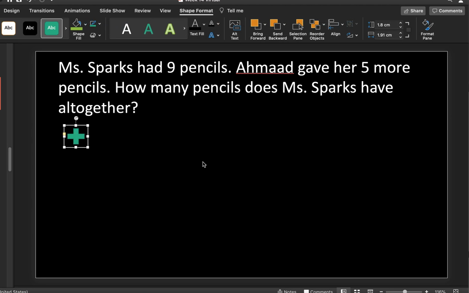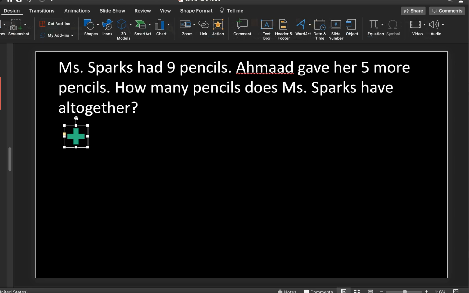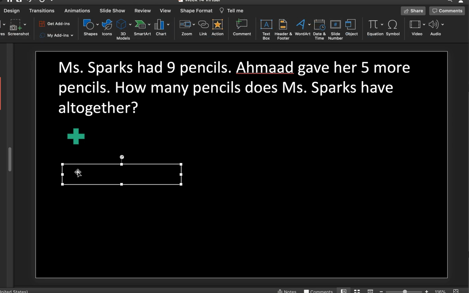Our next step is we have to write our sentence stem. Our sentence stem helps us understand what the question is asking. So all we're doing is restating our question. We're just turning it into a sentence instead of a question. So this is our step 2. How many pencils does Miss Sparks have altogether?